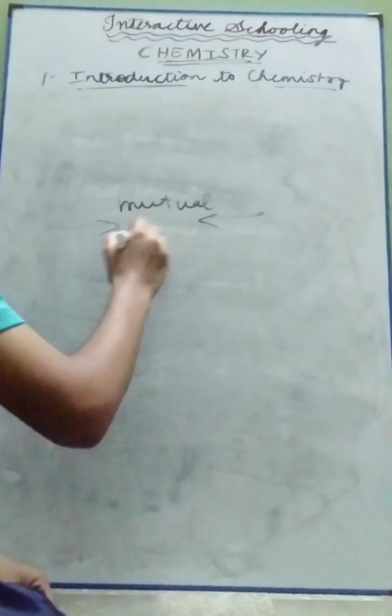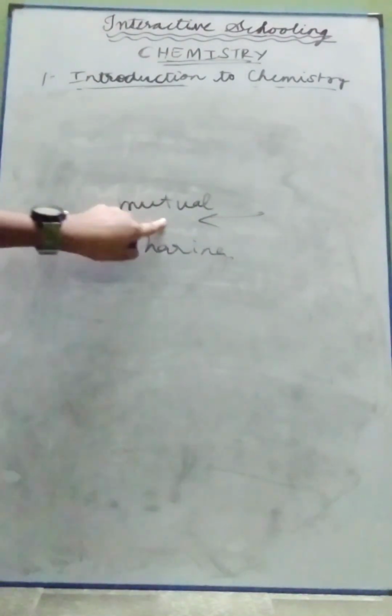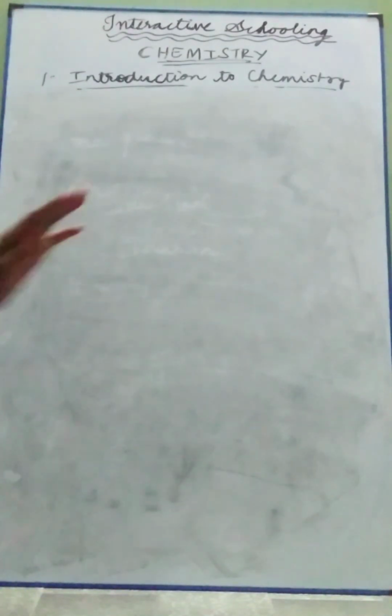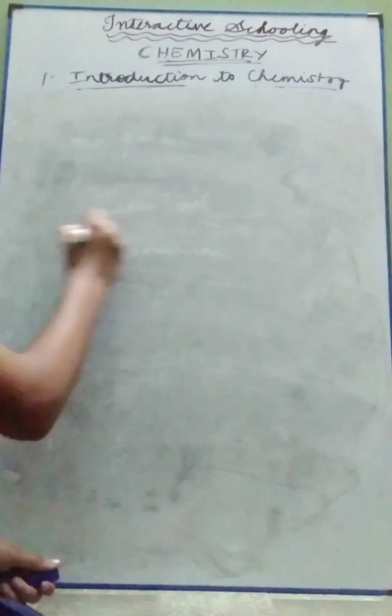Both of the atoms share electrons, both of them contribute. But in the case of coordinate covalent bond, it's a one-sided sharing, meaning only one atom contributes electrons, only one atom shares its electrons. Meanwhile, all that the other atom does is accept those electrons.